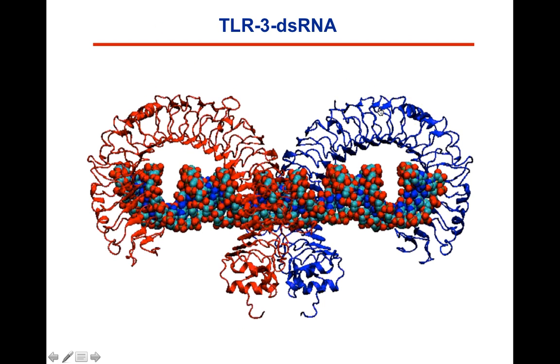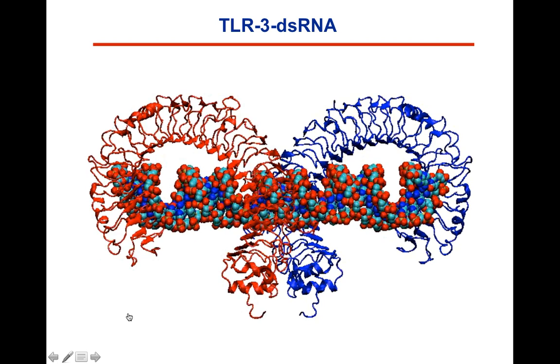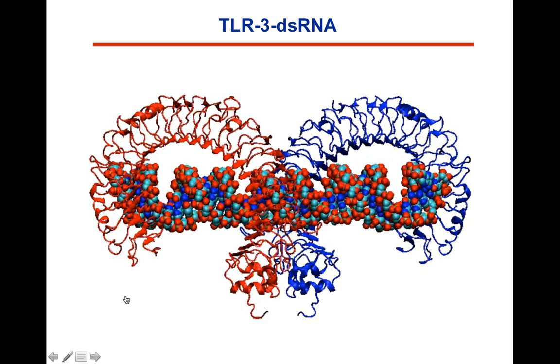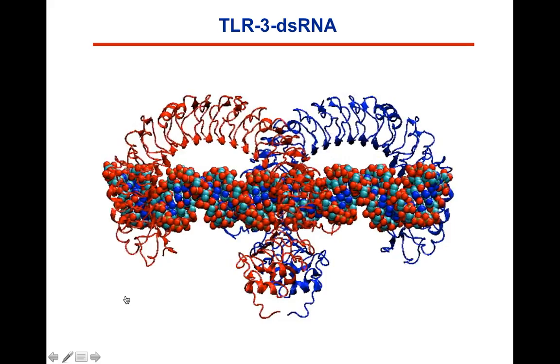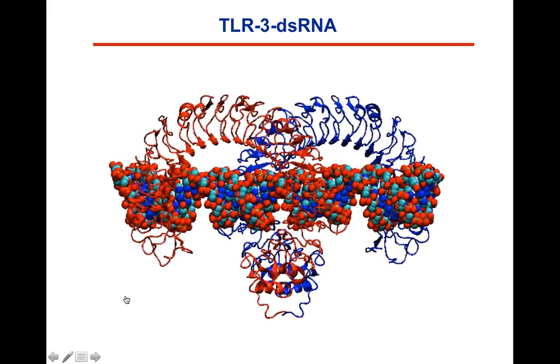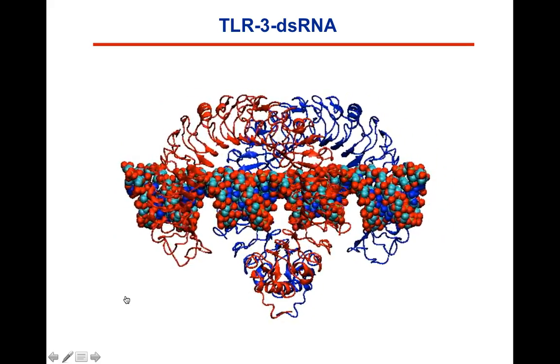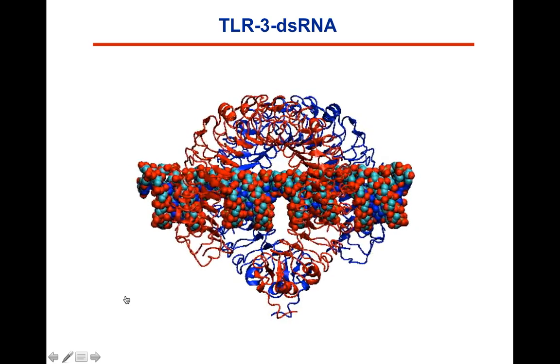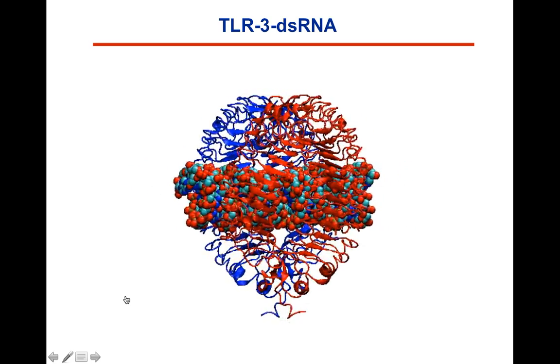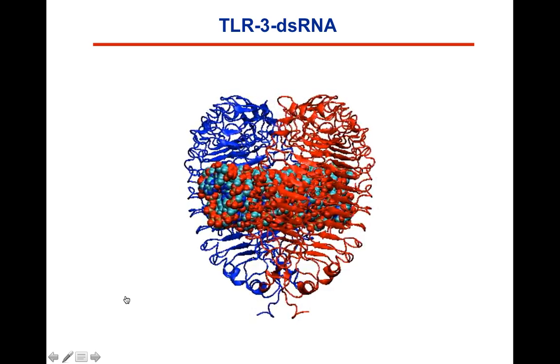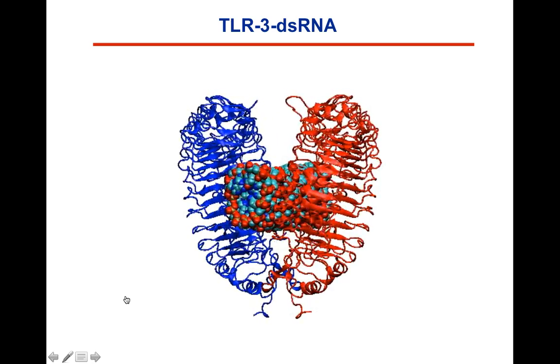If we look at nucleic acids, for example, for double-stranded RNA binding, what you can see here is binding across the two receptor molecules. In this case, this is a homodimer, and they all bind as these homodimers.